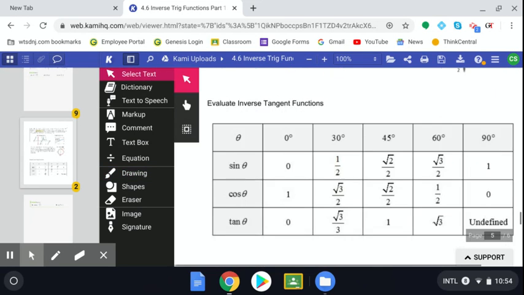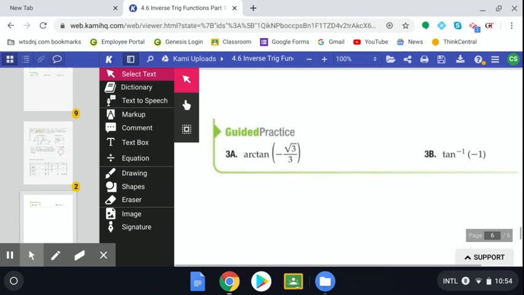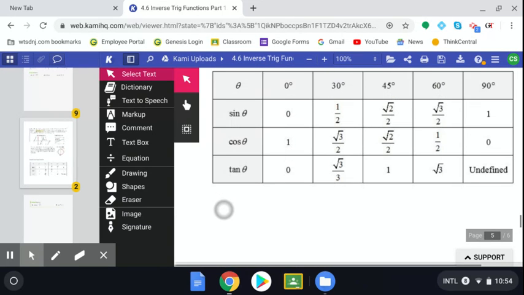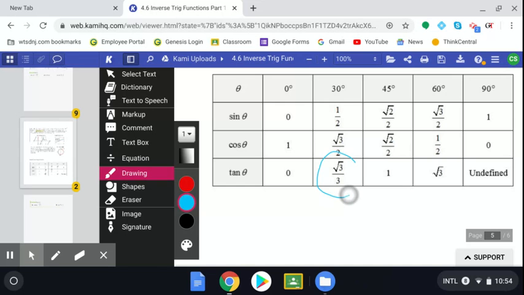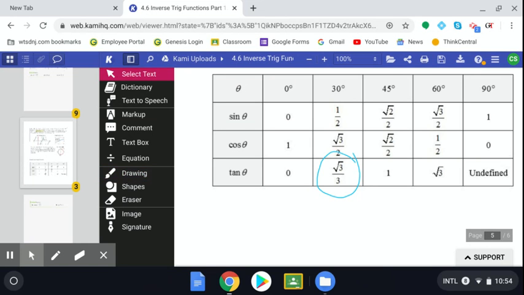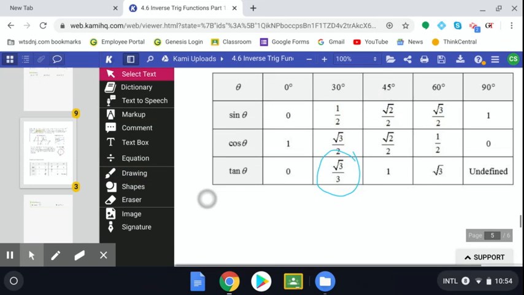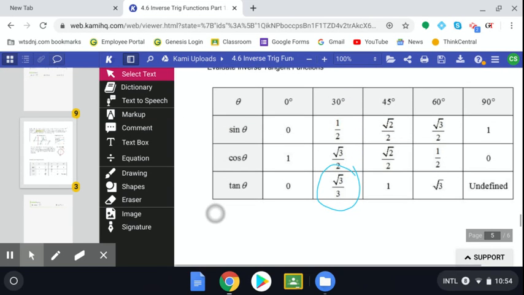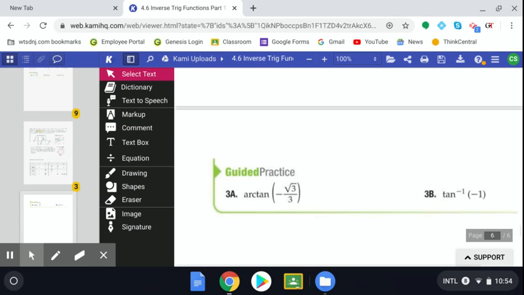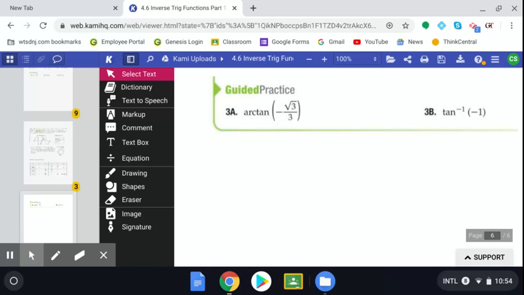All right. So now, arctangent negative radical 3 over 3. So here we are. And it has to be in the first and fourth quadrants. So this would be 30, which is pi over 6. But we want the negative, so negative pi over 6.